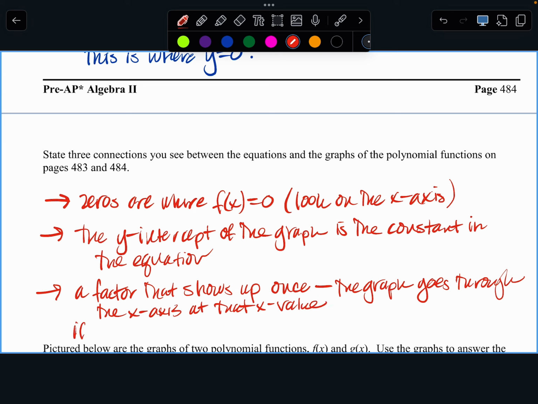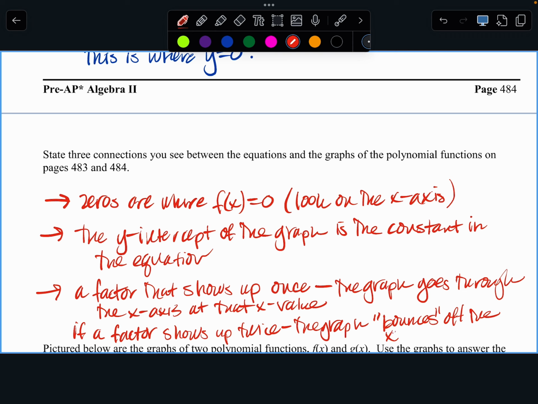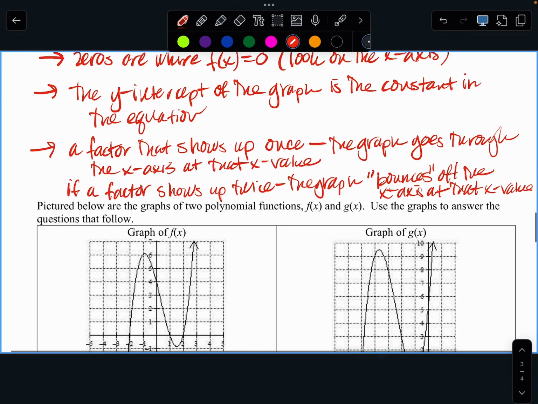If a factor shows up twice, the graph, we're going to say, bounces off the x-axis at that x value, where it turns around. Okay.